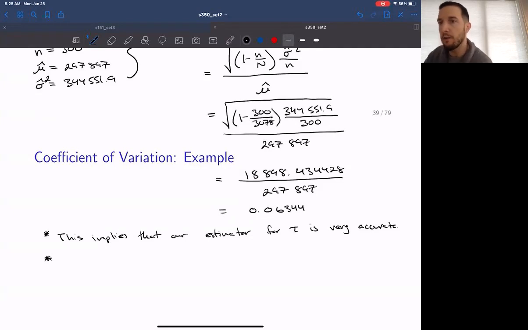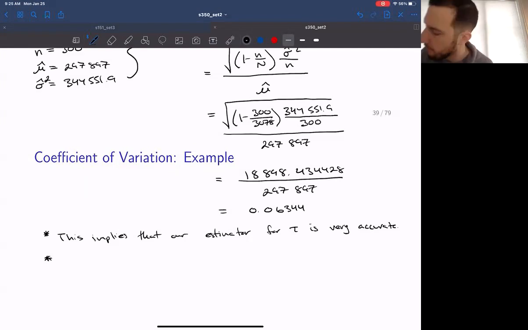While this value does imply that our estimator is very accurate, because I think we can agree that 0.06 is quite close to 0, in order for us to establish what it would mean for this to be the better estimator based off of the different samples, we would need to collect more information and consider more estimates for mu in this particular problem.